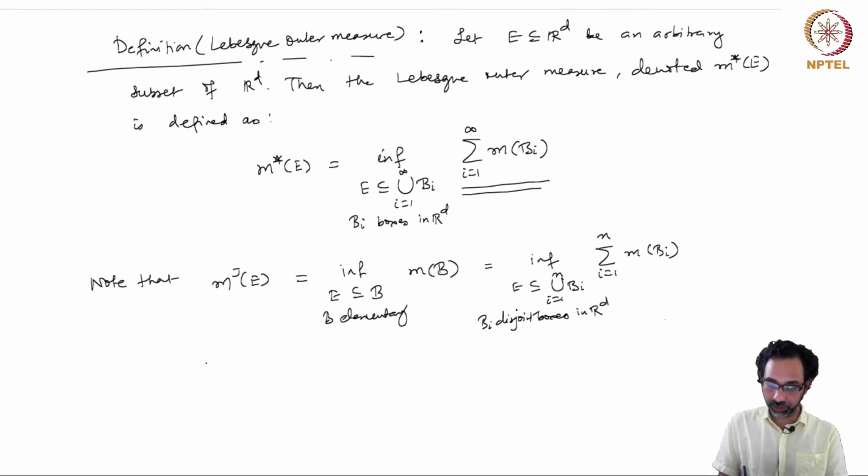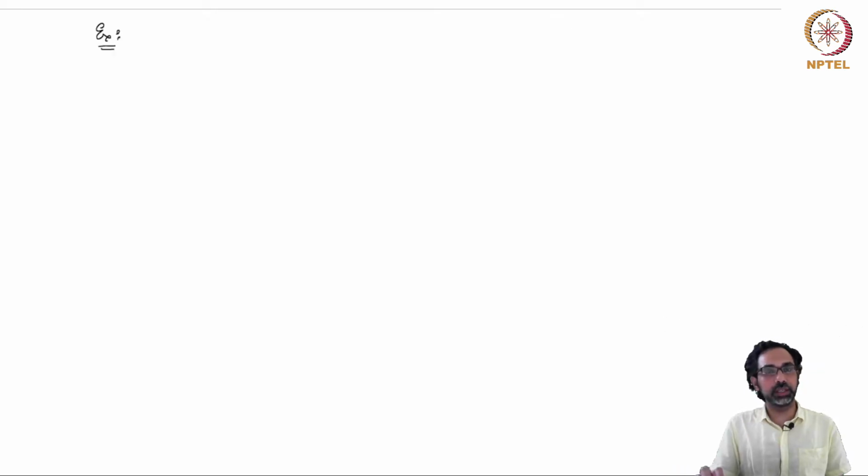From this definition, it is immediate that the Lebesgue outer measure is bounded above by the Jordan outer measure. But as the following example will show, the Lebesgue outer measure can be much smaller than the Jordan outer measure.